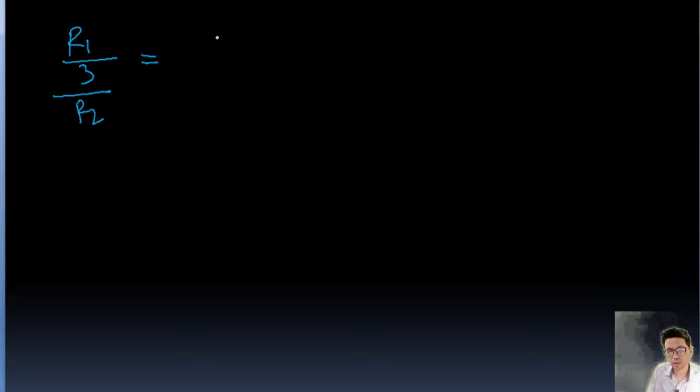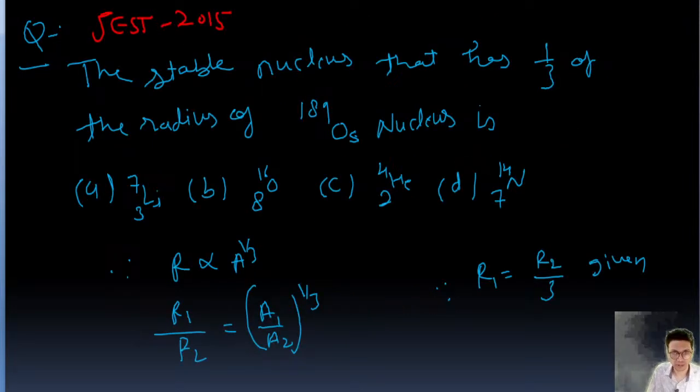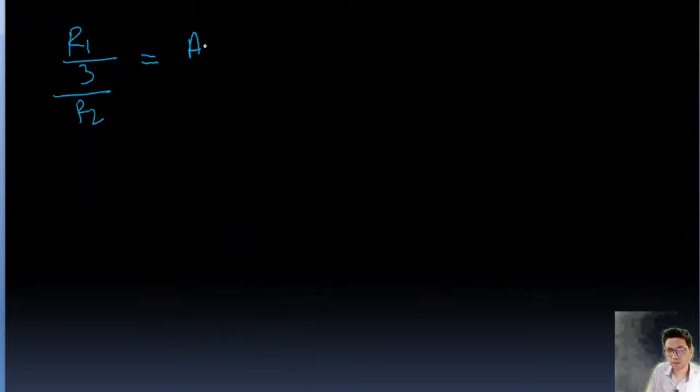That is going to be equal to the A1 value, which we have to find. A1 upon A2, where the A2 value is given, 189, to the power 1/3.